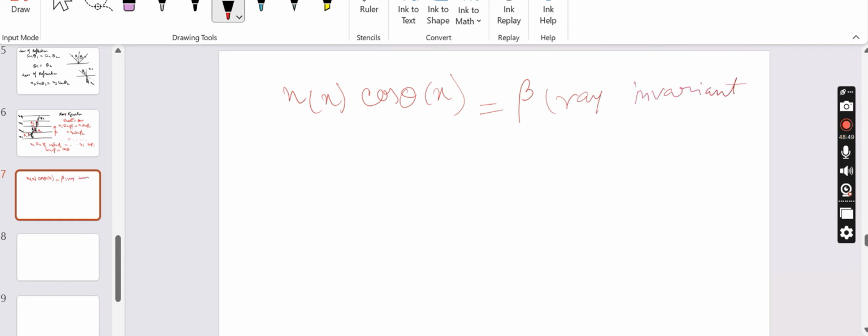And from that we get to the ray equation, and how we get to the ray equation the professor has explained in lecture 3.